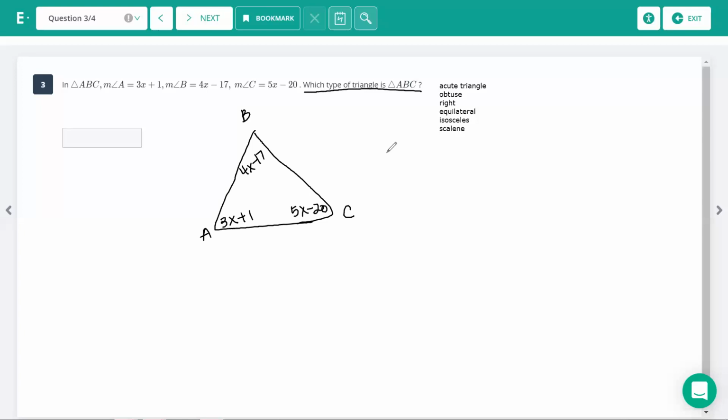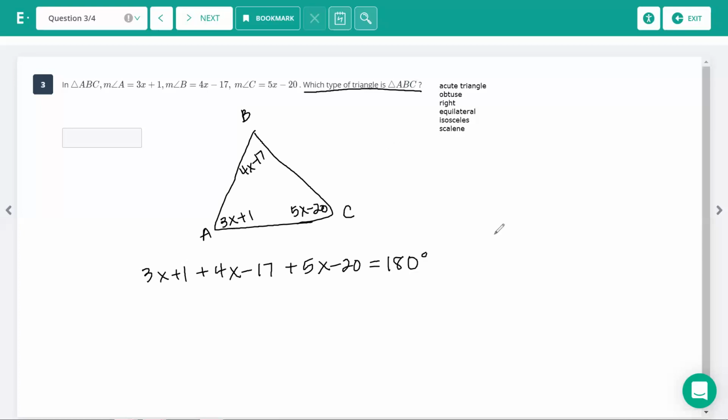Remembering our triangle sum property, that all the angles in my triangle will sum to 180 degrees. So that means I would take 3x plus 1, add it to 4x minus 17, and add that to 5x minus 20 to set it equal to 180 degrees.